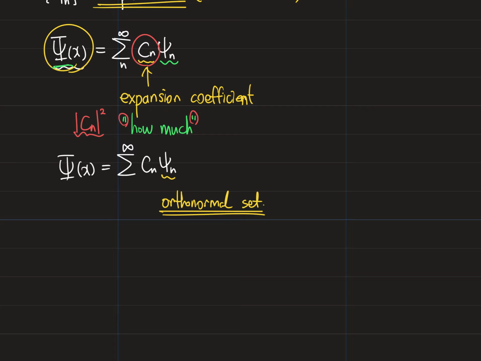So we can calculate this coefficient Cn by projecting the total wave function capital psi onto the desired eigenfunction psi m. This is simply multiplying both sides by psi m star and taking the integral.